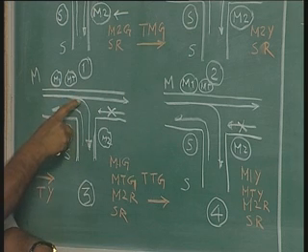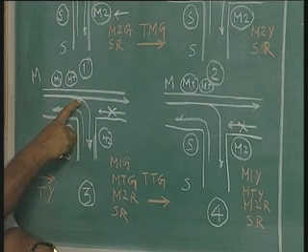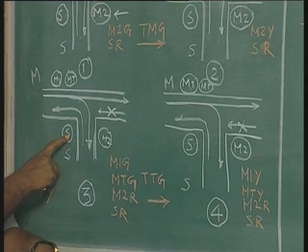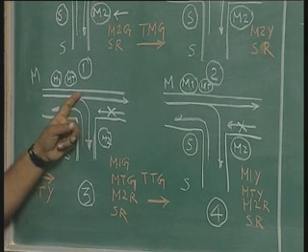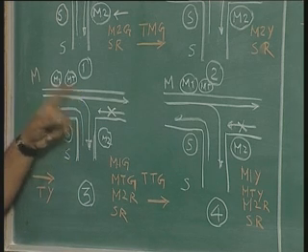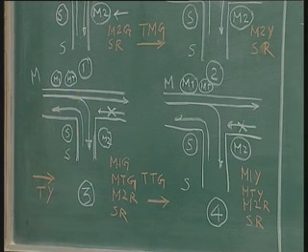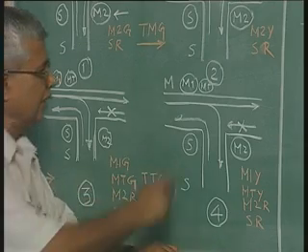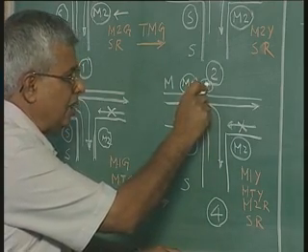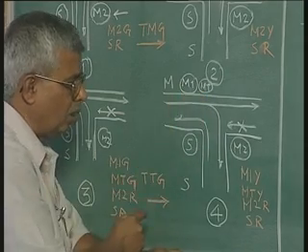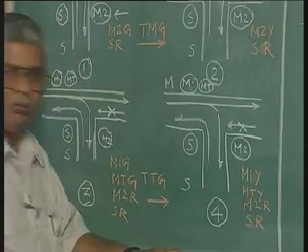So, TTG has to be turned off, this should be made red and this should be made green, but I can't make it red directly from green, we have to go through yellow. So, this fourth state is the turning signal in the main road being yellow.